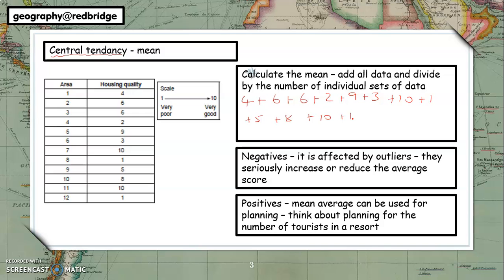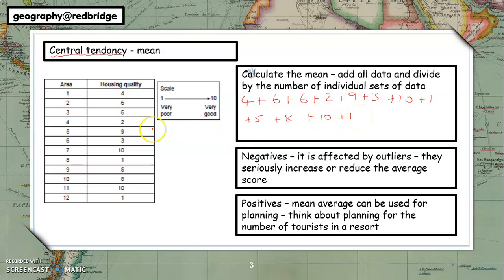Now, if we work that out very quickly, we have 4 plus 6 is 10, 16, 18, 27, 30, 40, 41, 46, 54, 64, 65.